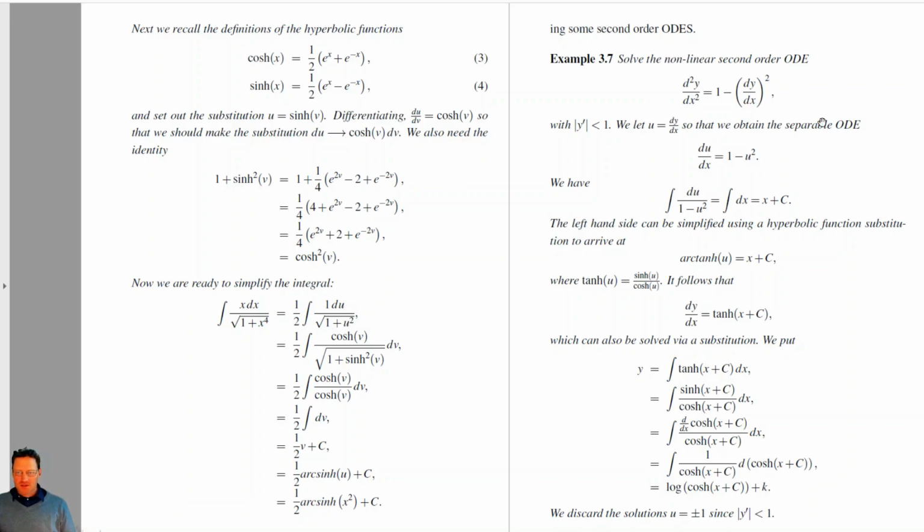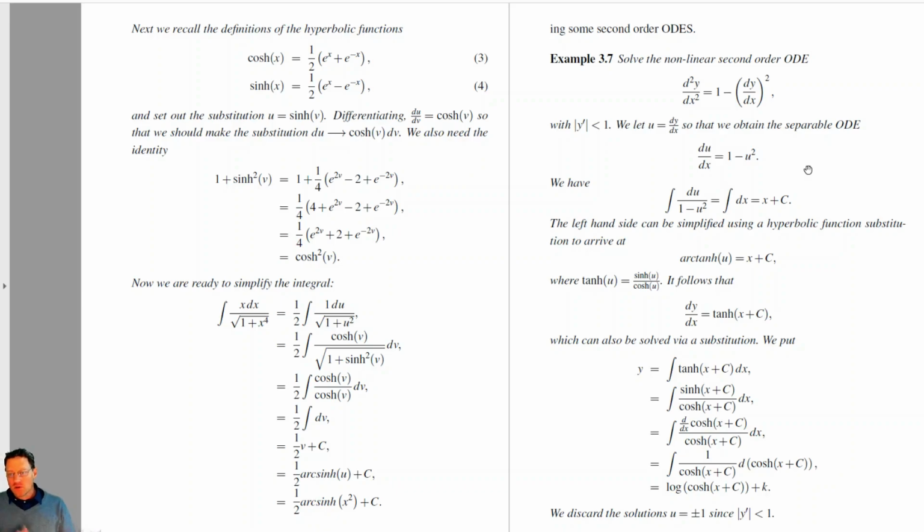Okay, so it says solve this ODE where absolute value of the first derivative of y is less than 1. Okay, so let's let u be equal to that first derivative dy on dx, so that we can just look at solving the simpler first order equation, but you see here it's nonlinear because we have a nonlinear power here. There's a square there.